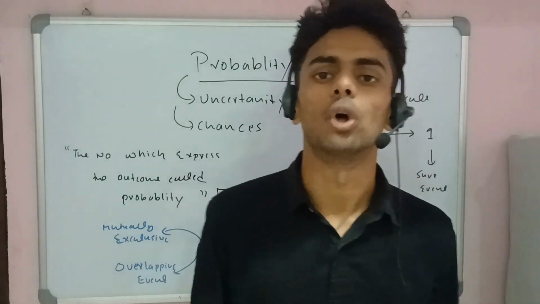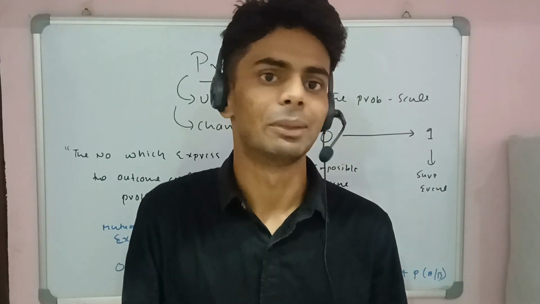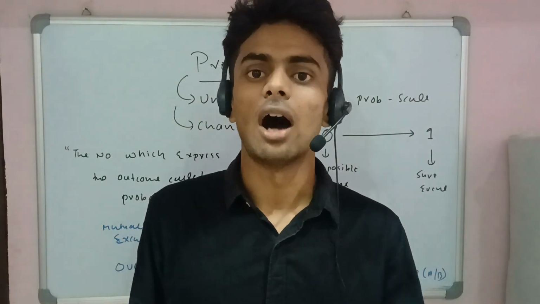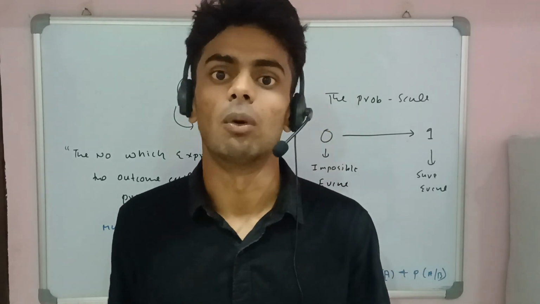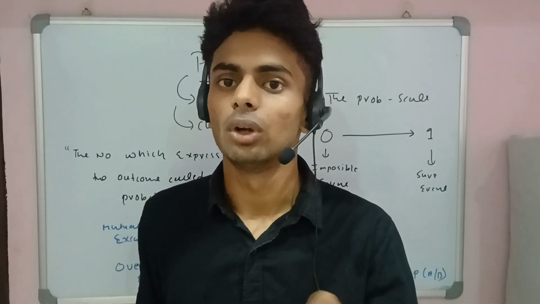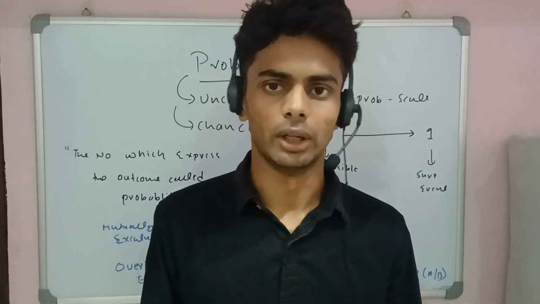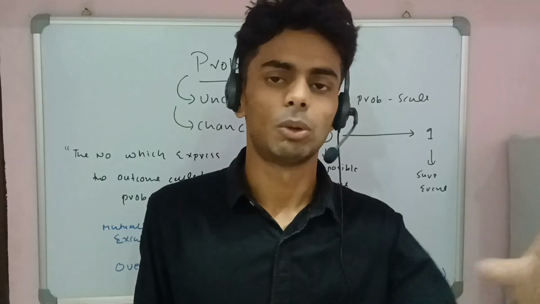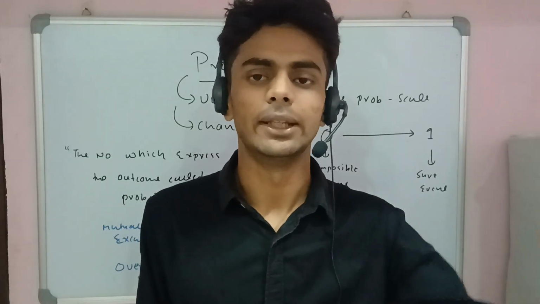So probability is the number which expresses the outcome in mathematical form. You give an exact number to represent a particular outcome.